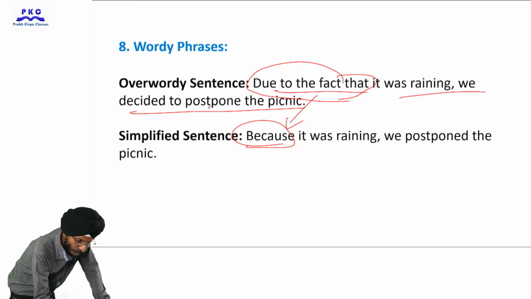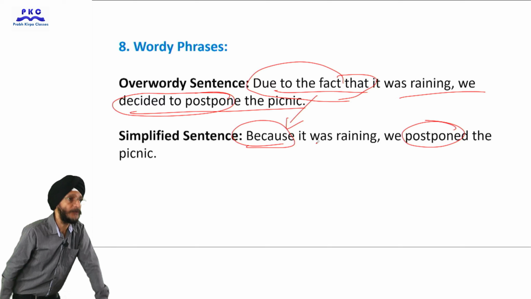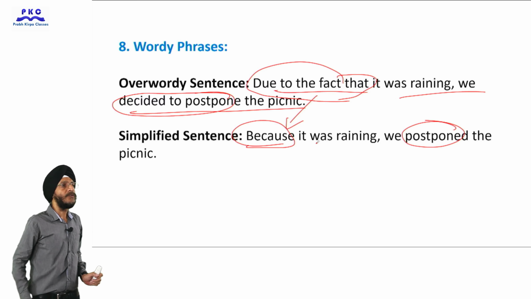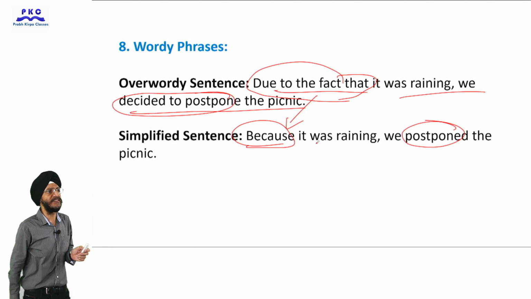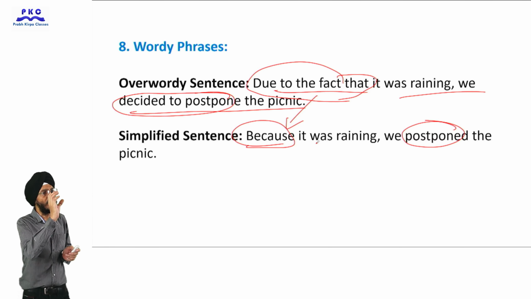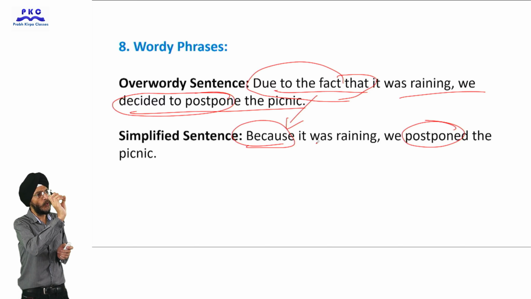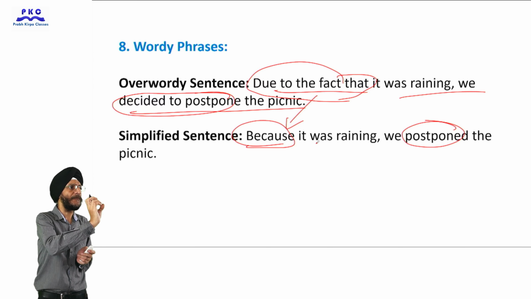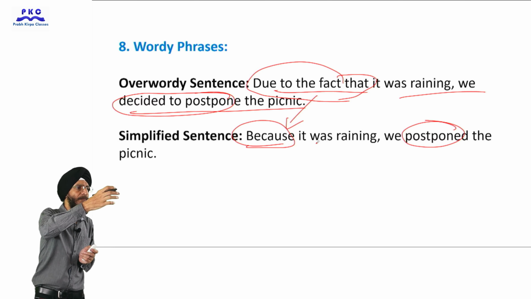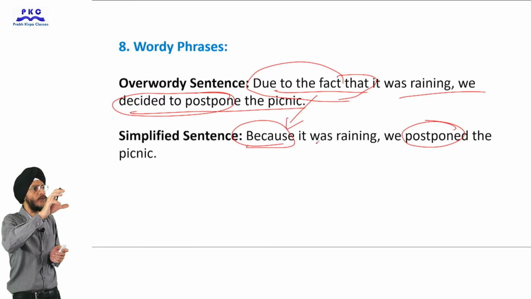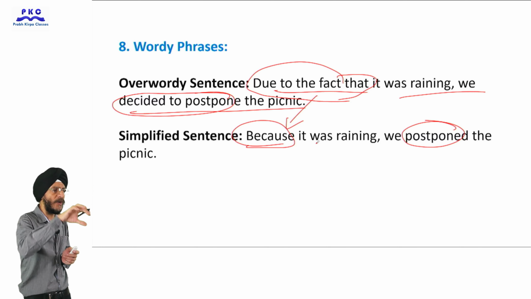In place of we decided to postpone, we have simply used postponed. So instead of wordy phrases, we can simplify the sentence. Try to make the sentence shorter, to the point, brief, so that the reader does not have to spend much time to understand what you want to convey.